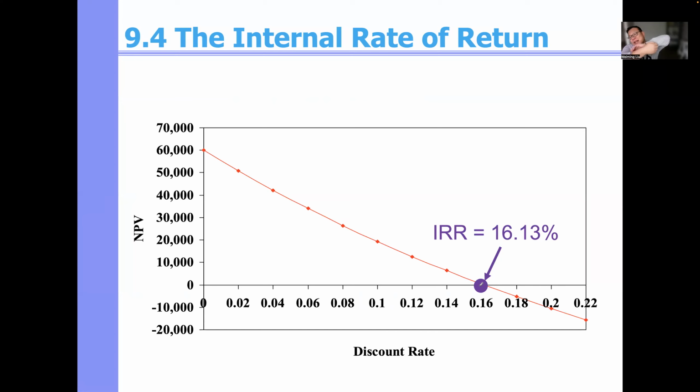So this tells me that the internal rate of return of that project is 16.13%. If your benchmark is 15%, you are going to accept this project.